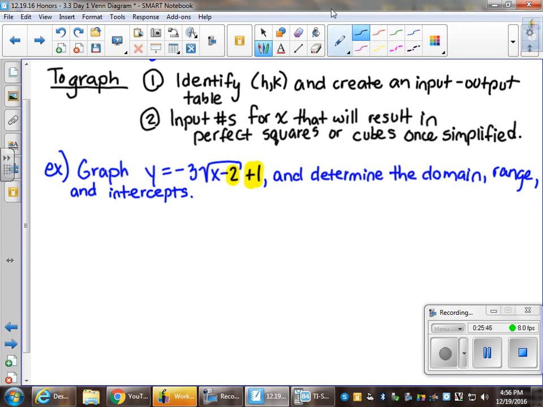So h comma k is 2 comma 1. Because this is an even root, a square root function, this is the starting point.